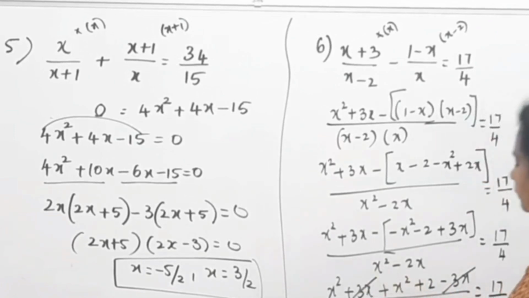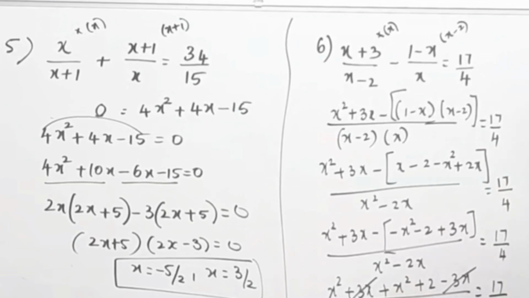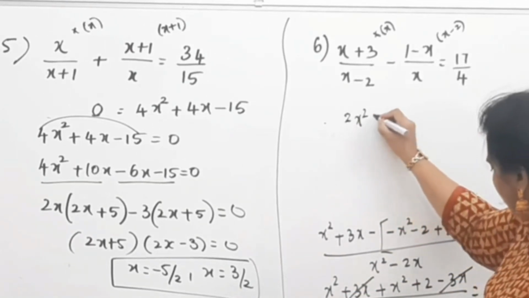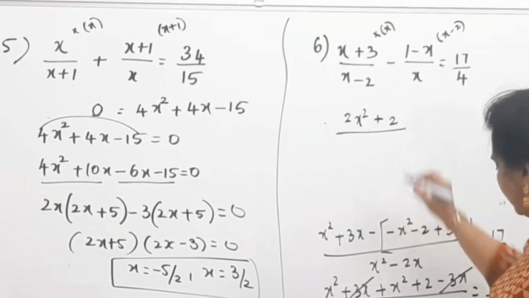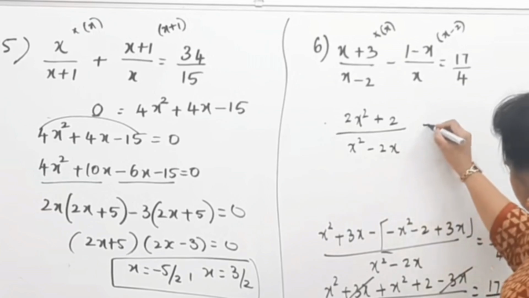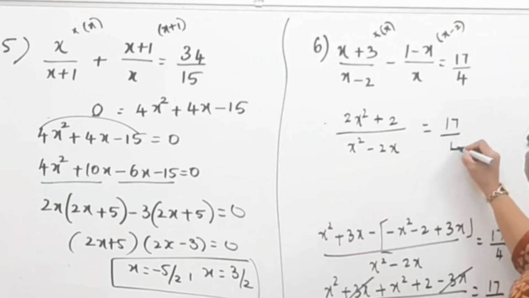I understood. Plus 3x minus 3x gets cancelled. 1x squared plus 1x squared is 2x squared plus 2, divided by, I have x squared minus 2x is equal to 17 by 4.